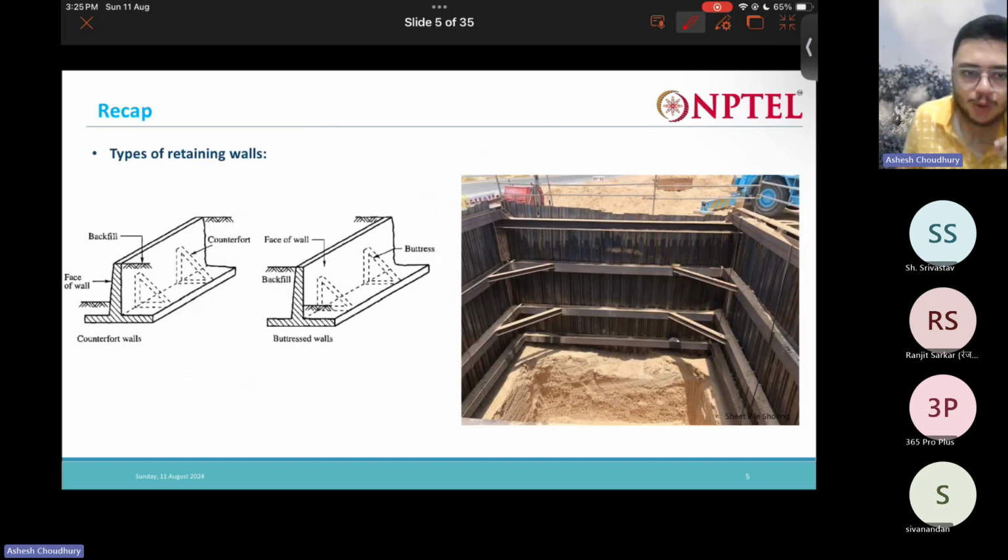So now, similar to that, we have some more types of retaining walls. We have counterfort retaining walls.